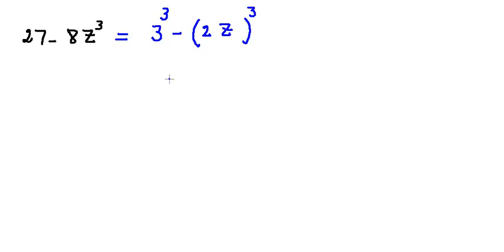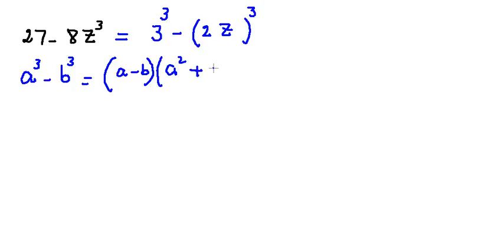So if I write the difference of cubes formula, it's a cube minus b cube equals a minus b times a squared plus ab plus b squared.